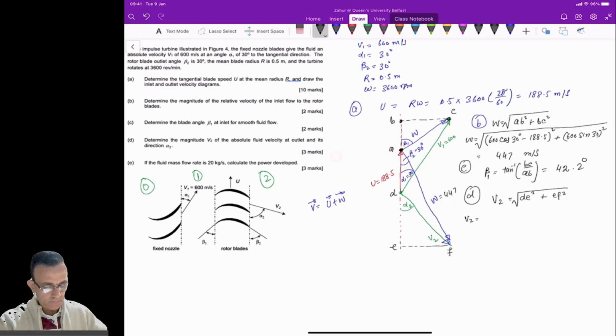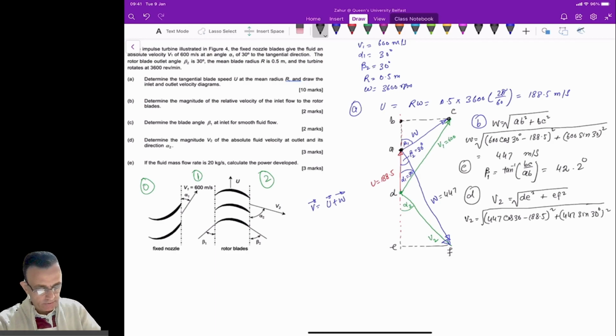So 447 cos 30 is this whole AE. So now if you subtract 188.5, this becomes equal to DE, and then EF is just 447 sine of 30 under the root, and again this is squared. So this will give you a value of 299 meter per second.